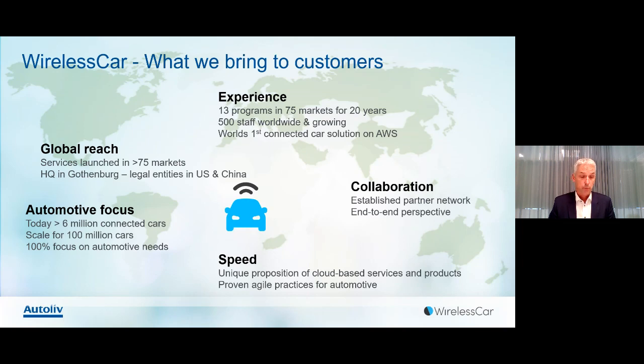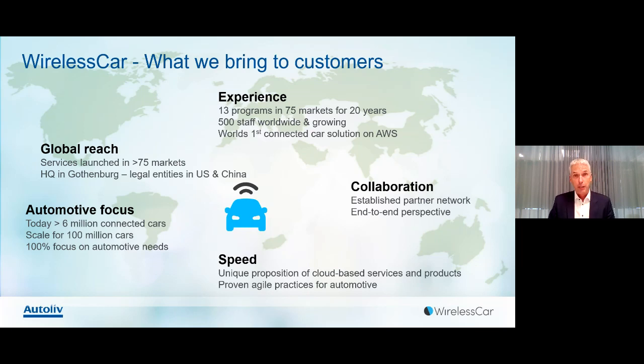We have a 100% focus on the automotive industry. And today we have a little bit more than 6 million connected active vehicles on the roads. And we add one more vehicle every 30 seconds. So the business is growing and we are aiming for 100 million connected vehicles. Quite ambitious, but we will get there.